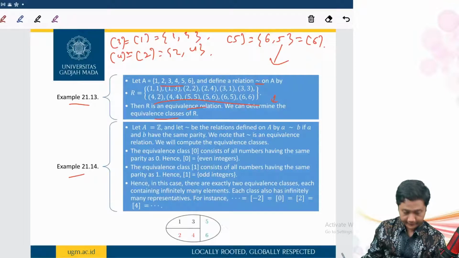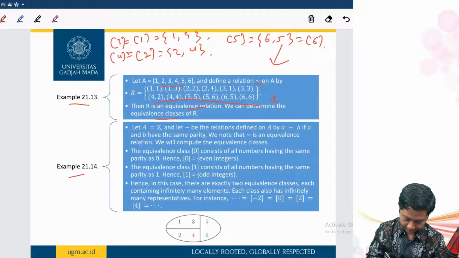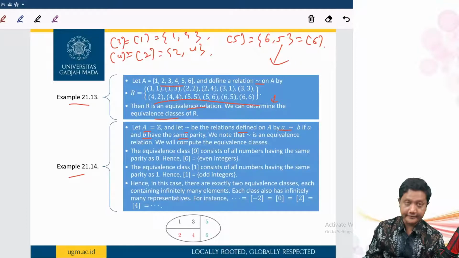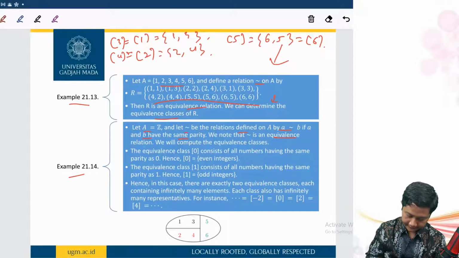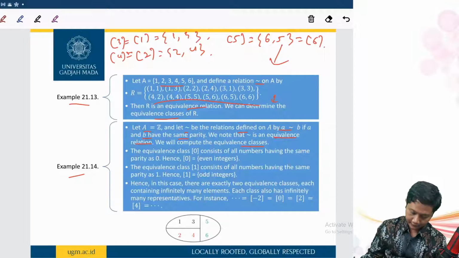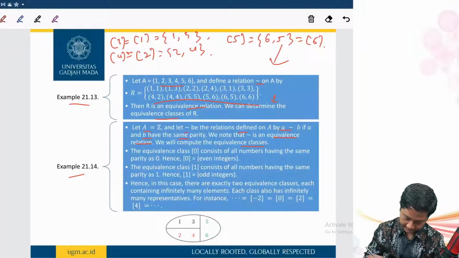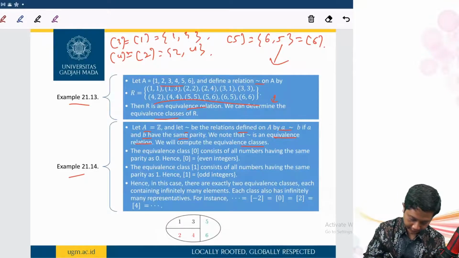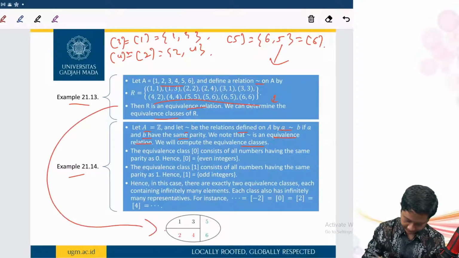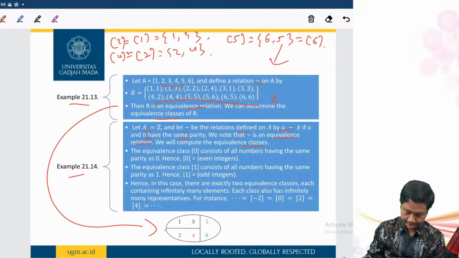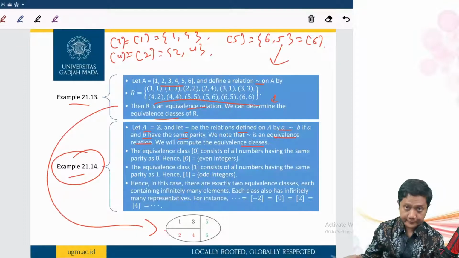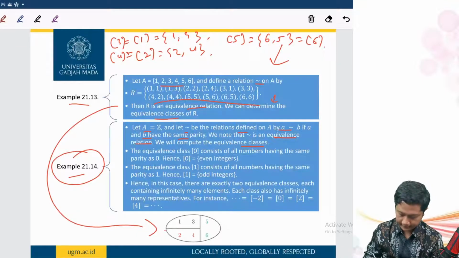And next, example 21.14. A is the set of integers, and we have these relations. We define them when they have the same parity. Then we can find the equivalence classes. For example, the diagram for example 21.13 is this, and we can see there are 3 blocks here. Going back to example 21.14, the same parity, so the even numbers.